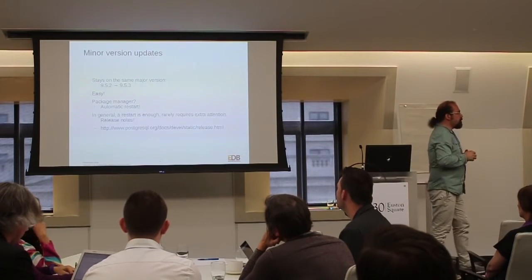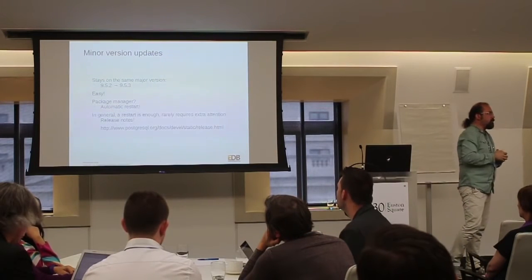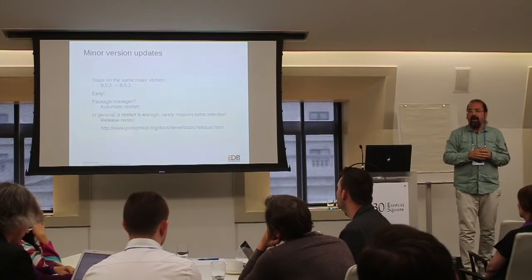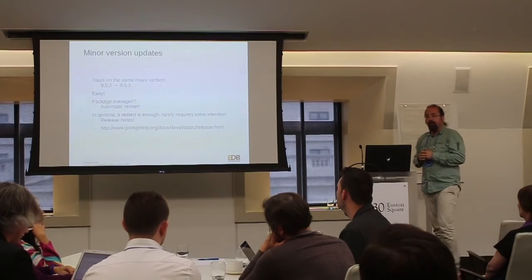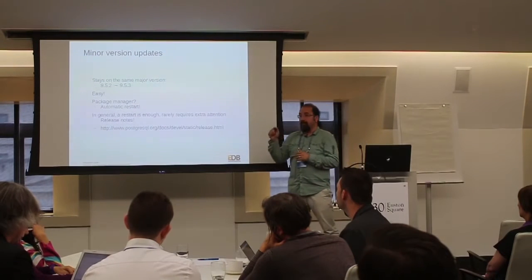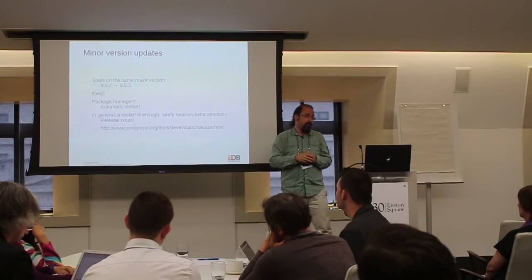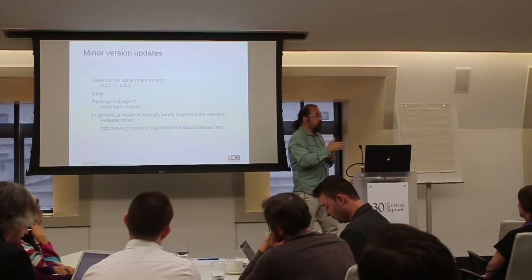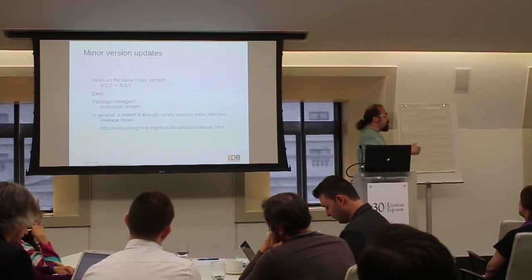Because that minor version is going to include all the changes that you have to do. So if there is a change in 9.5.1 that requires some extra attention from you, it's also applicable to 9.5.3. So make sure that you read all the release notes.